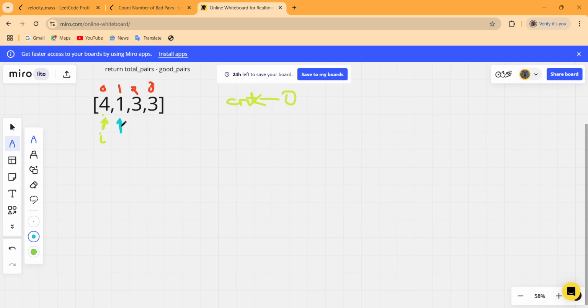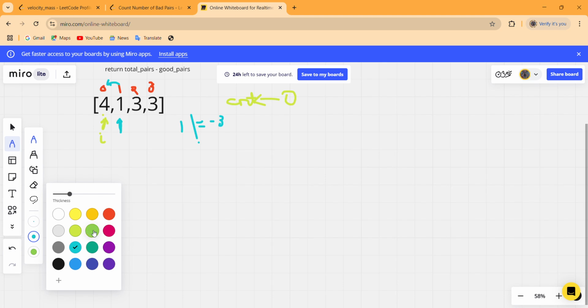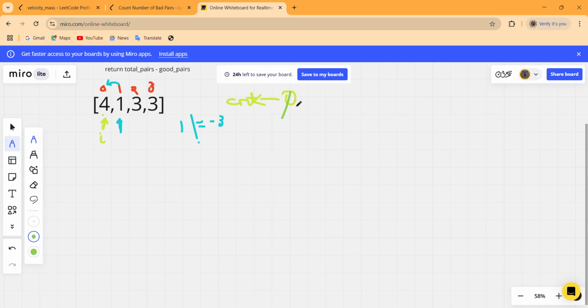That means first j is here, and in every inner j loop we will check the difference between two indices, that is j minus i. This j minus i is 1, and now check nums of j minus nums of i: 1 minus 4, that is minus 3. The index difference 1 is not equal to minus 3, so we will increment our count by 1. This cnt is 1.